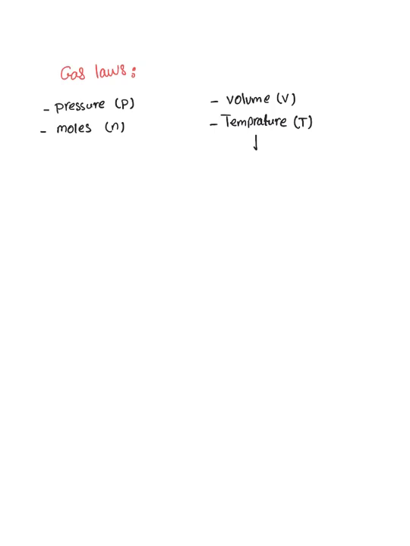About temperature, we should know that the unit for temperature should be in Kelvin. And if we have the temperature in degrees Celsius, we can simply add 273.15 to degrees Celsius to have it in Kelvin.